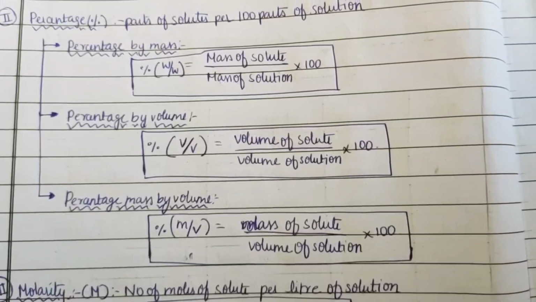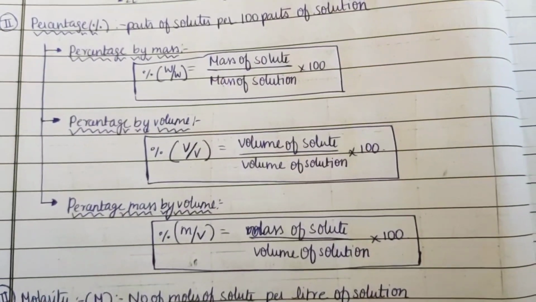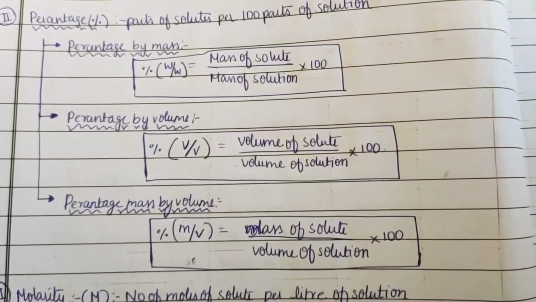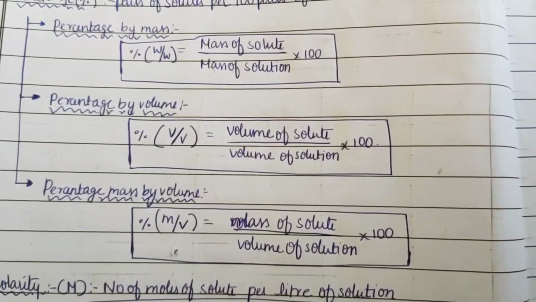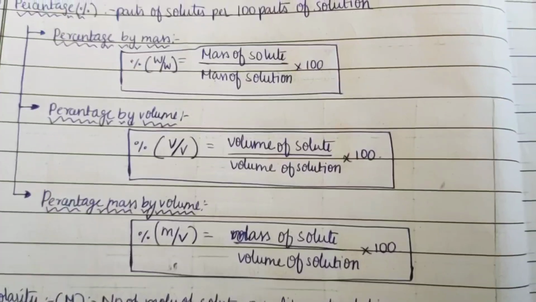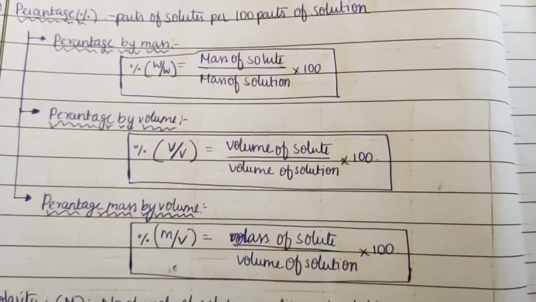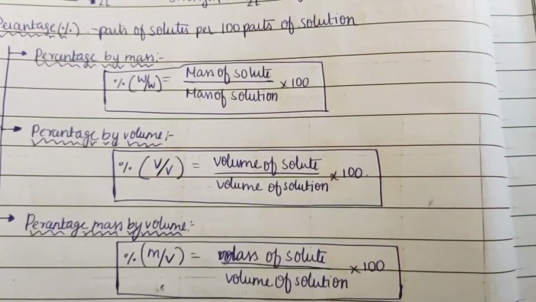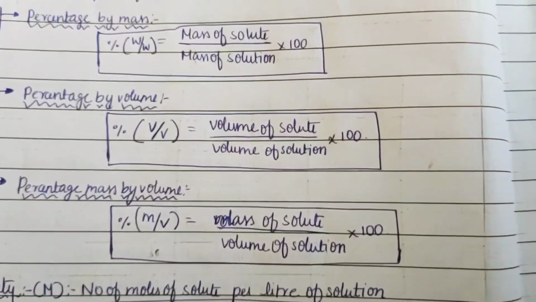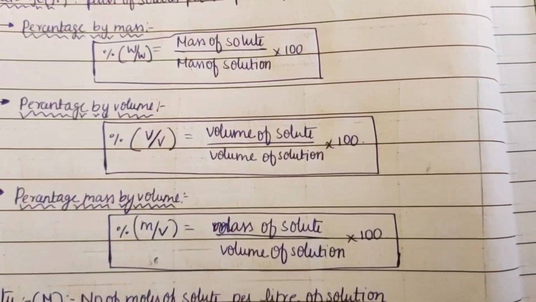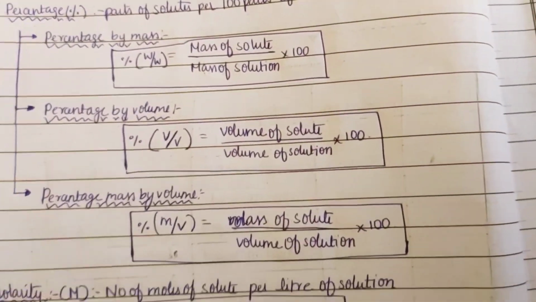Then percentage mass by volume is mass of solute by volume of solution into 100. Here the unit of mass by volume is gram per liter, but in both volume by volume and mass by mass, they do not have any unit because they will cancel out.